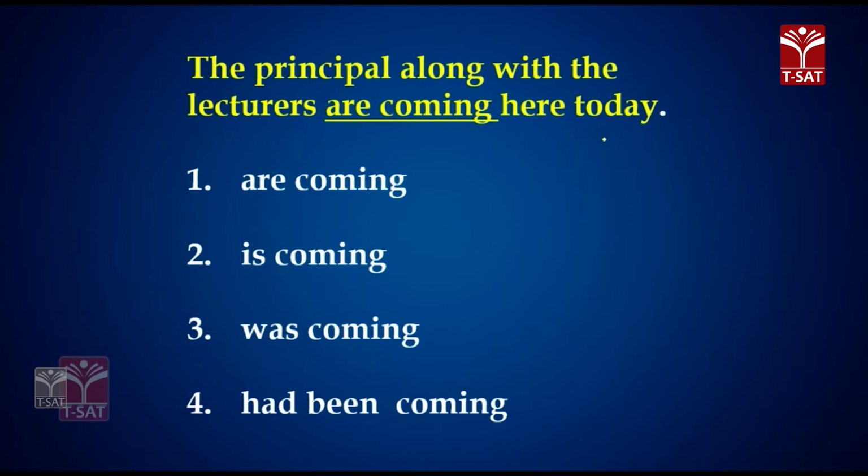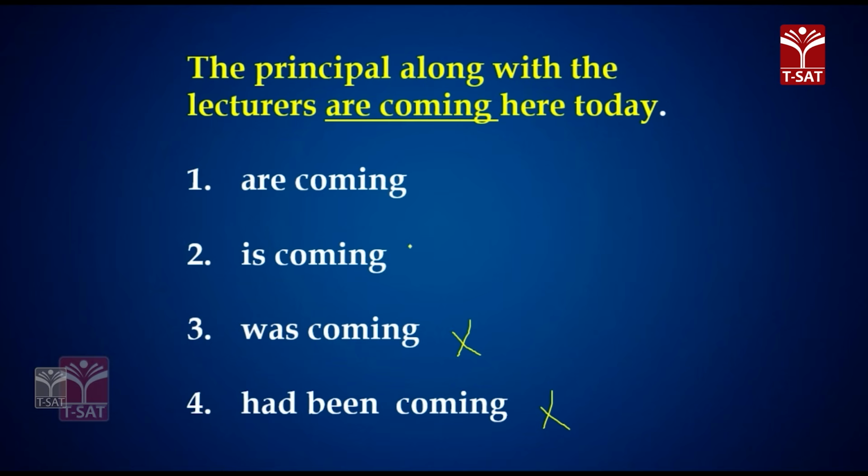And today, again the tense marking. So, you cannot say was coming, we cannot say had been coming, because 3 and 4 are marked for past tense, but here today is given in the sentence. So, there must be agreement of time. But the point is, shall we say the principal along with the lecturers are coming or is coming?